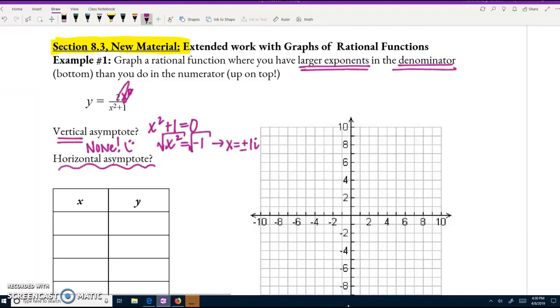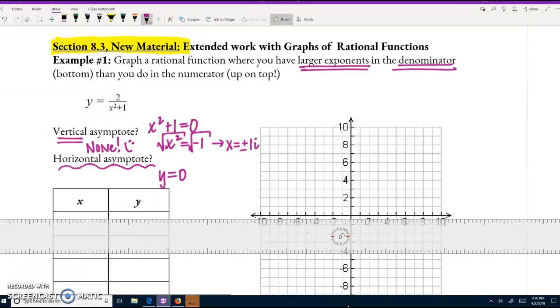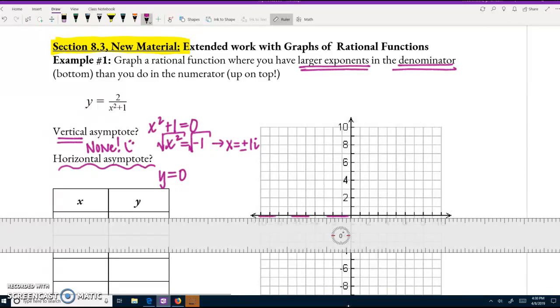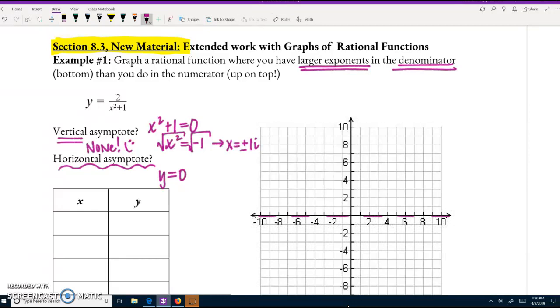Anytime that's the case, we're just going to have a horizontal asymptote at y equals 0. That's just a rule that we want to recognize. Larger exponents down below mean that I'm going to just have a flat line at the x-axis. That will be my horizontal asymptote. Nothing to worry about as far as my vertical asymptote.